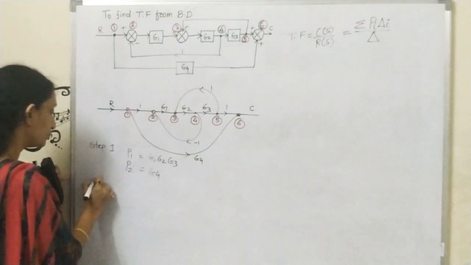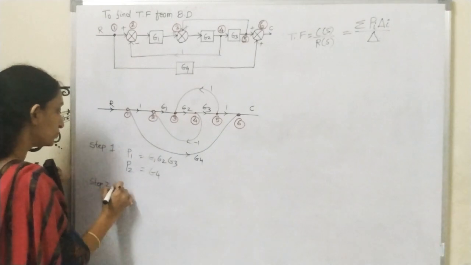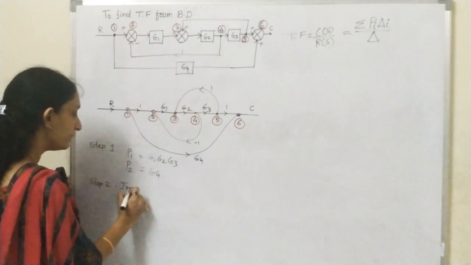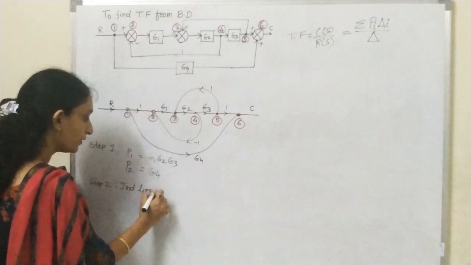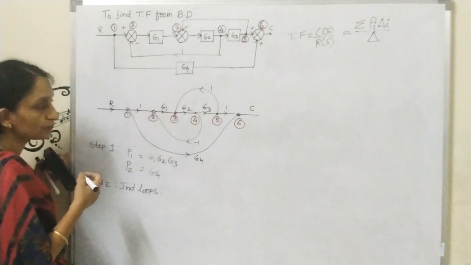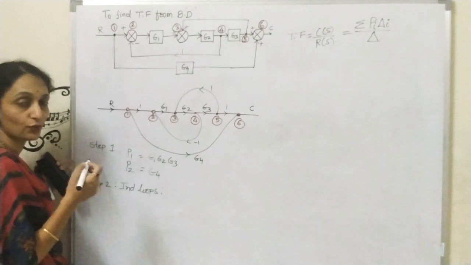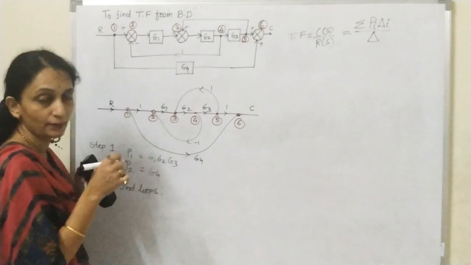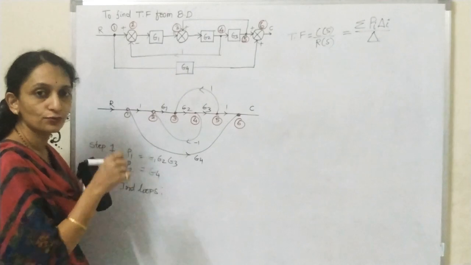Then step number 2, we need to find individual loops. Now look at this and try to get the number of individual loops. We know what a loop is: a loop is nothing but a closed loop path, so you need to calculate closed loop paths here.